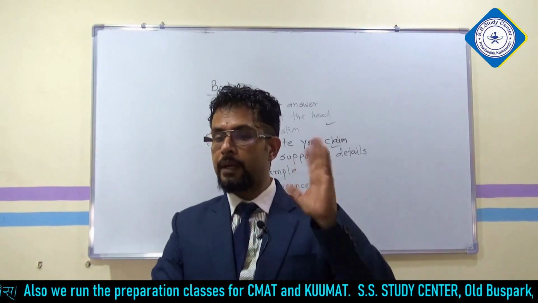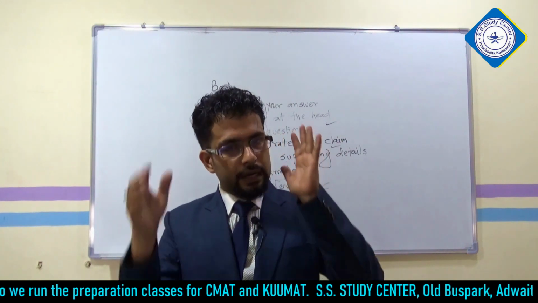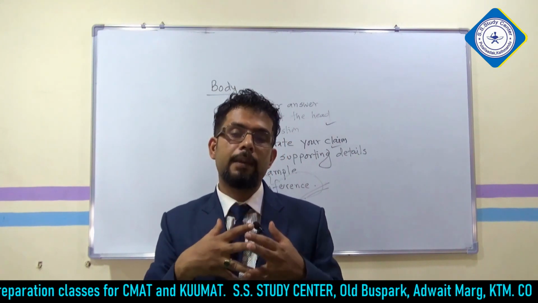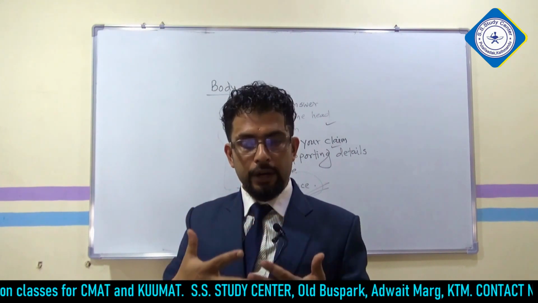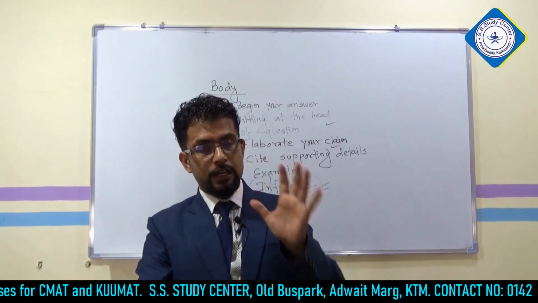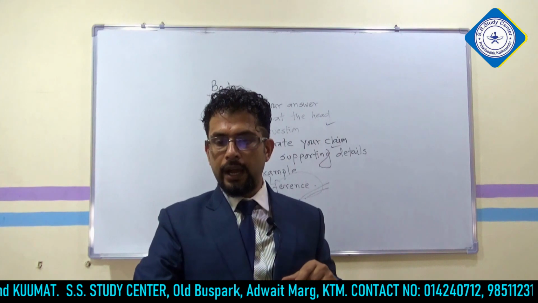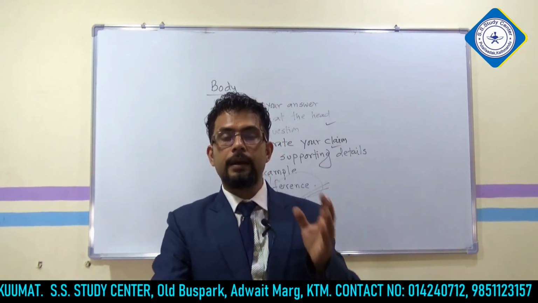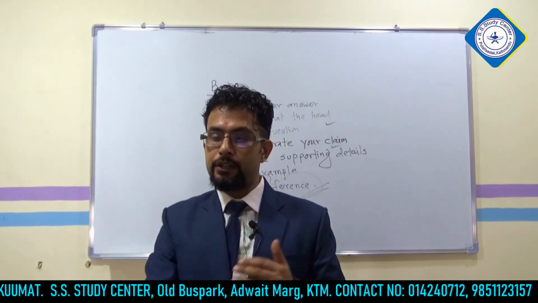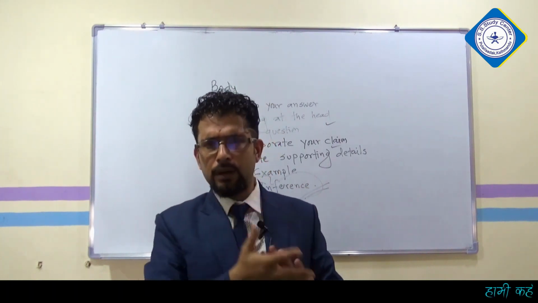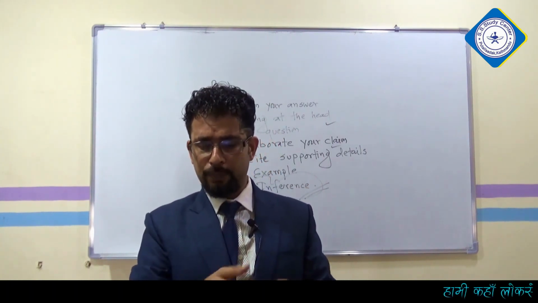As I have already told you, begin your answer hitting at the head of the question, make a claim or point or argument, cite supporting details from the text and elaborate your argument, make an inference to justify your claim, and repeat the same process for the next body part also.